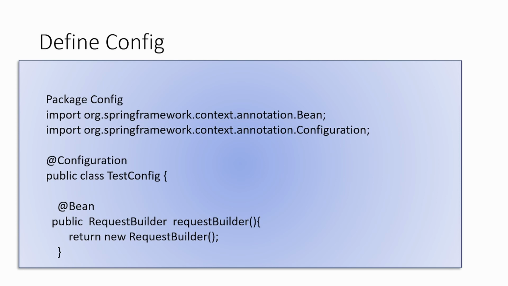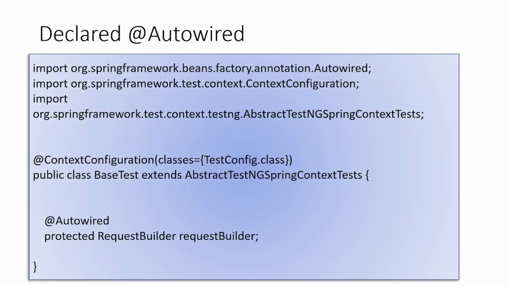So after defining the configuration, the next thing we have to do is, in the class in which we'll be using this bean, we need to autowire it. So here is an example where we are using the autowired bean. To use it, first you'll have to define the @Autowired annotation and then specify an object reference of the same class.